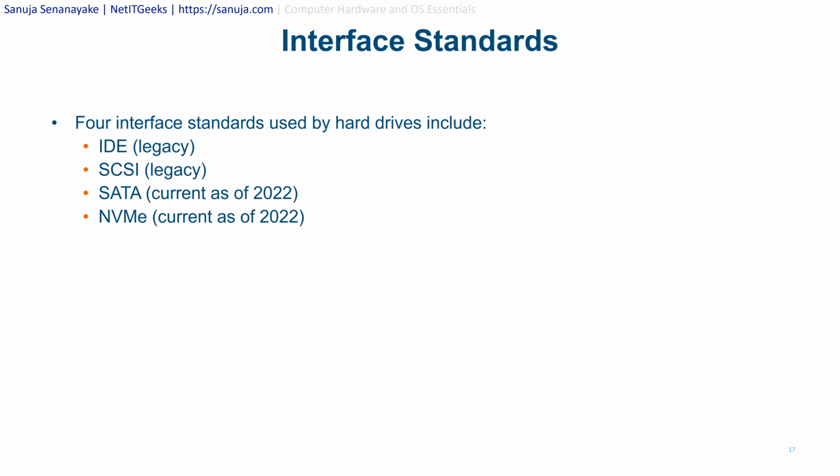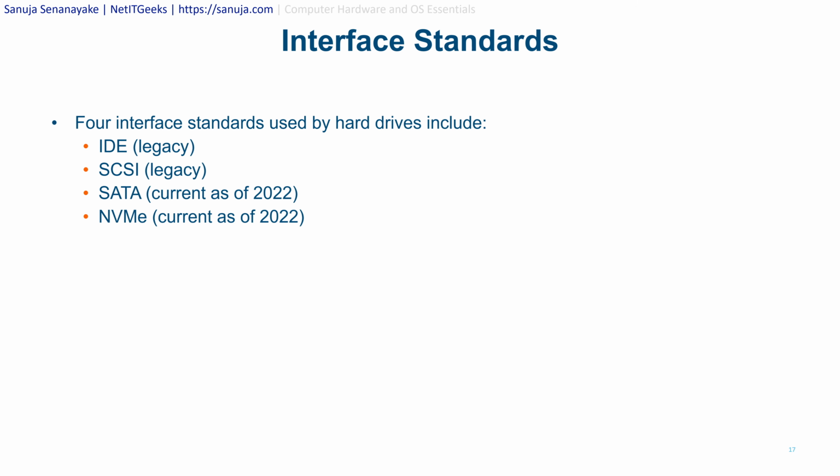Interface standards. So we're going to switch gears from looking at different storage devices to how those storage devices are going to interact with your motherboard. There are 4 interface standards used by hard drives that include IDE, SCSI, SATA, and NVMe.